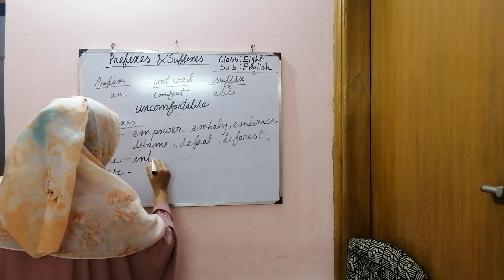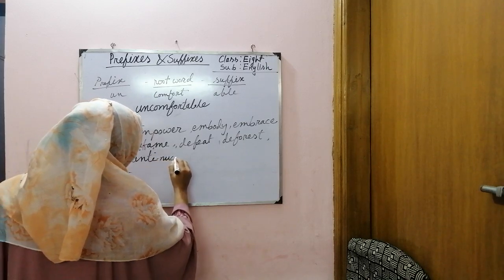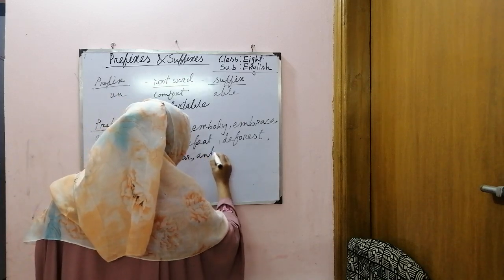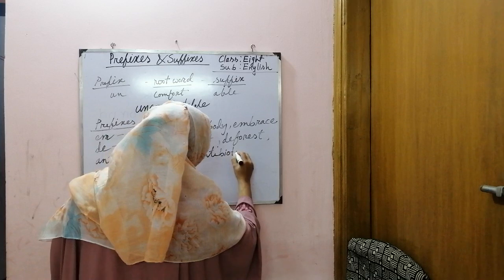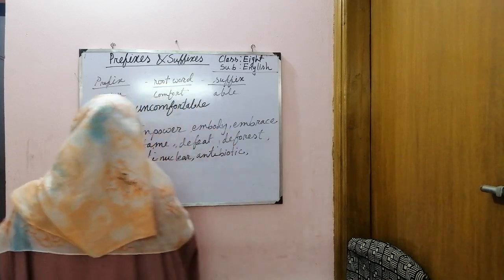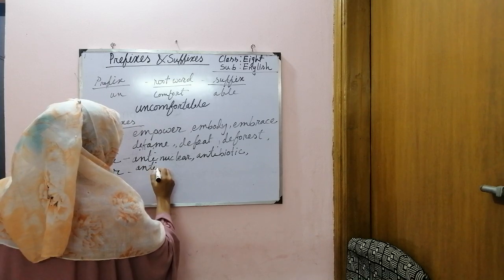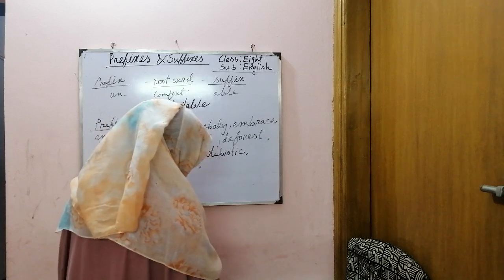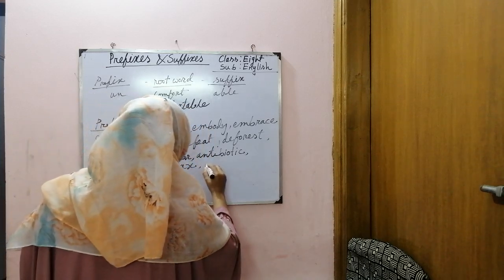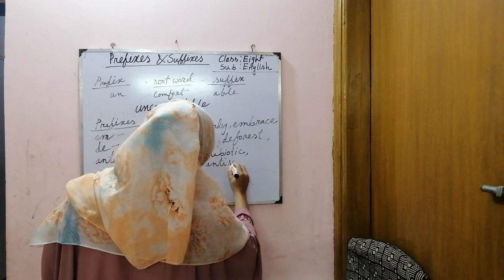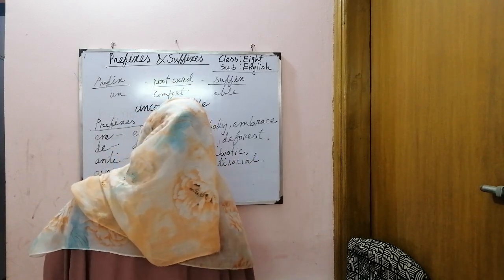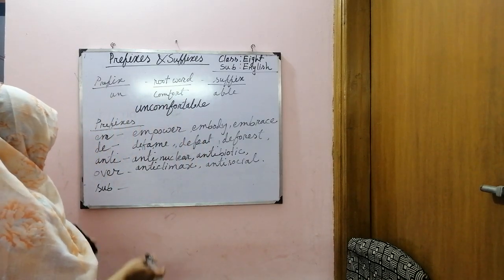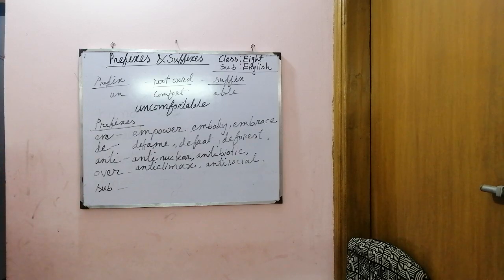I can write anti-nuclear, antibiotic, anticlimax, antisocial. So anti gives an opposite meaning: anti-nuclear, antibiotic, anticlimax, antisocial.